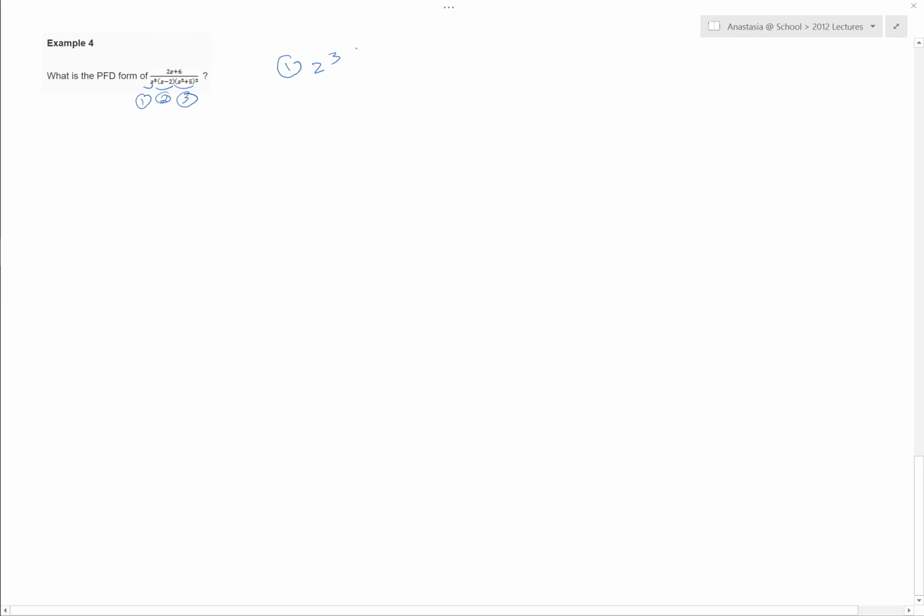For z cubed, this is a linear factor because you can think of this as (z - 0) cubed. So a linear factor, and we have 3 of them. So for this one linear factor, we are going to have A over z plus B over z squared plus C over z cubed.